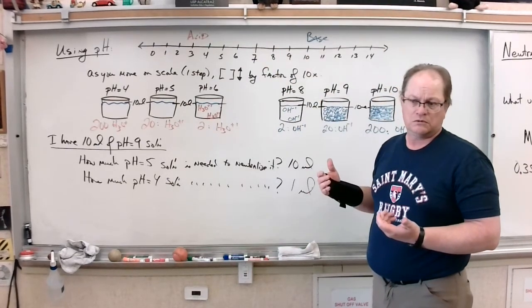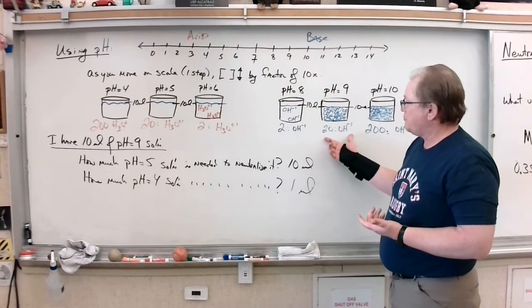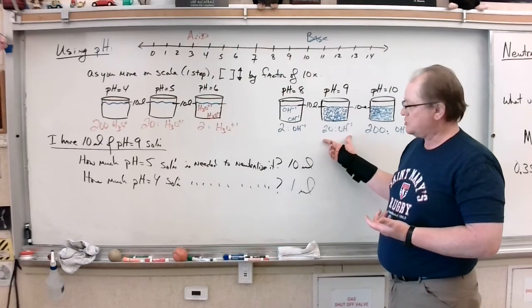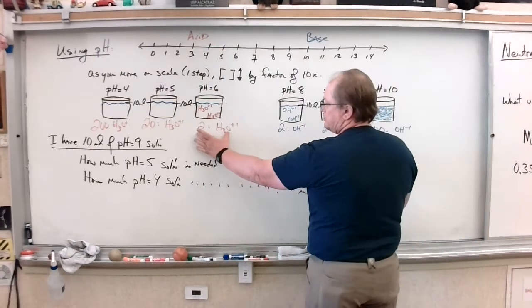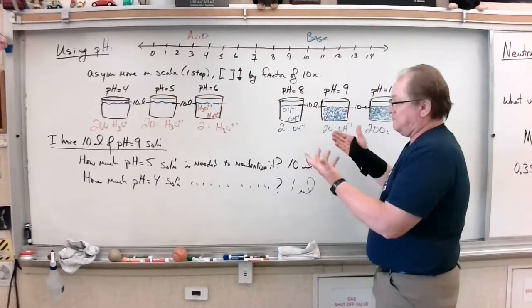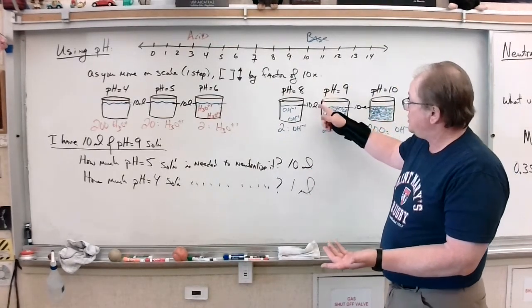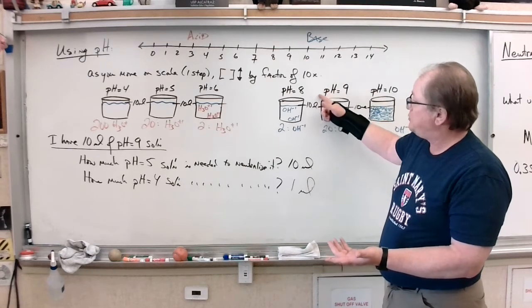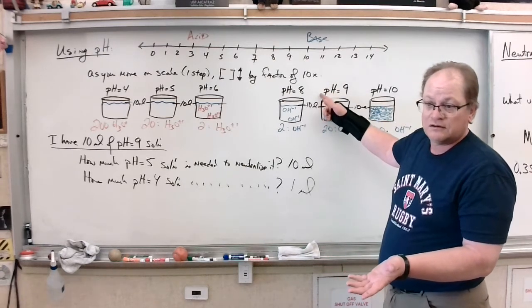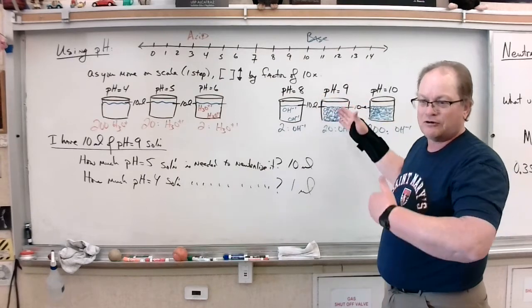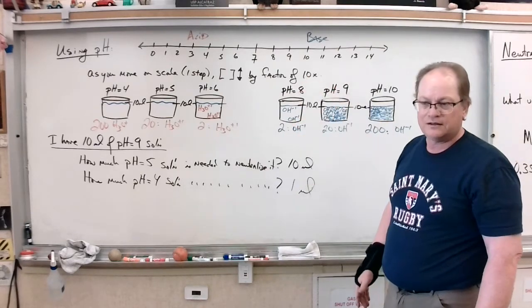No. Why not? Because you've got a lot of base here, don't you? You've got 20 hydroxides and you've only got 2 of those. You put those together, you're going to have 18 hydroxides left, aren't you? You're going to be in here, right? Probably like pH 8.9. Every step is a factor of 10.